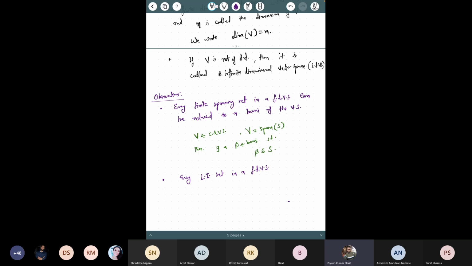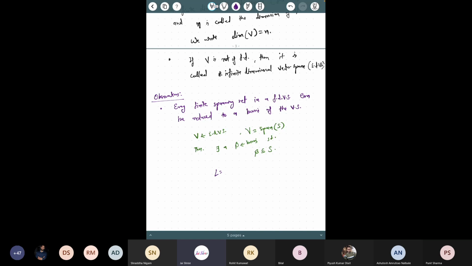Sir, but how will we know that it will be a basis? So you are asking why this is true. Can somebody answer him? Sir, we can prove this by Zorn's lemma. There will exist the same maximum result. Yes.